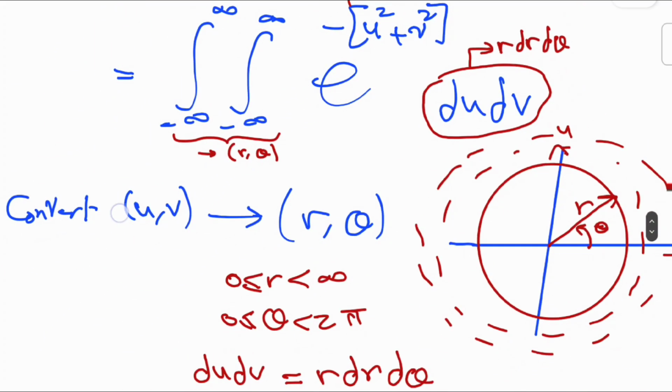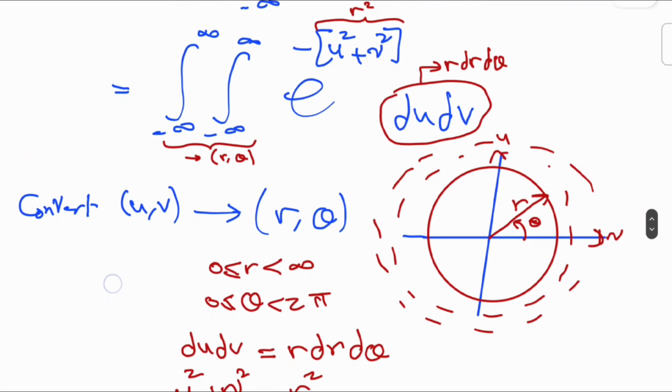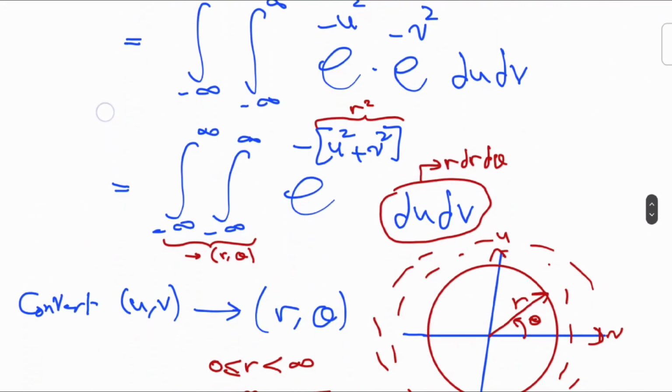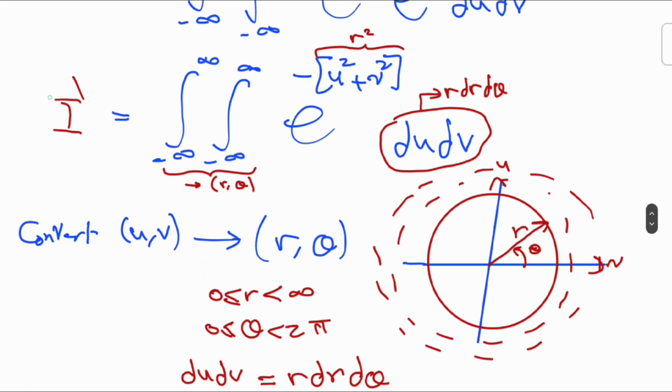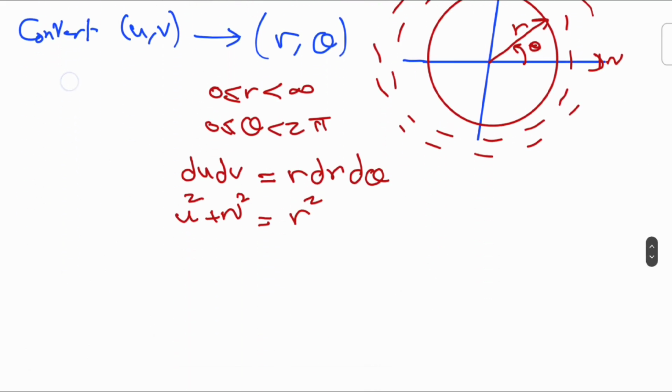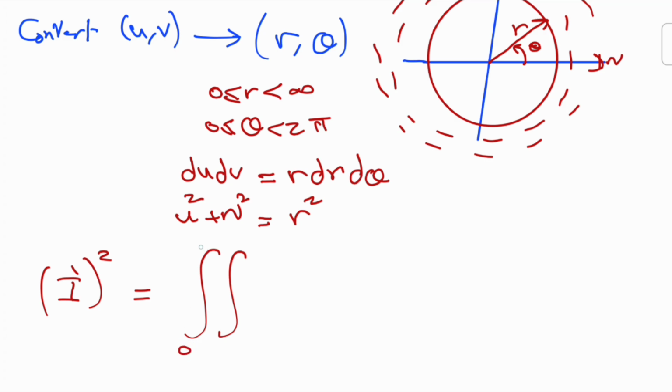So this is still I prime square. I prime square is equal to the double integral from 0 to 2 pi for theta, from 0 to infinity for r, of e to the minus r square times r times dr d theta.